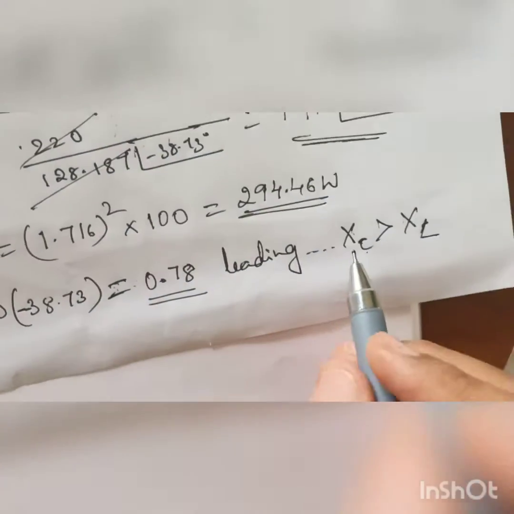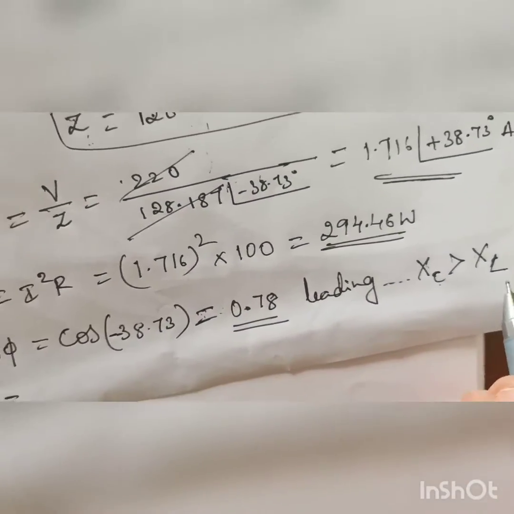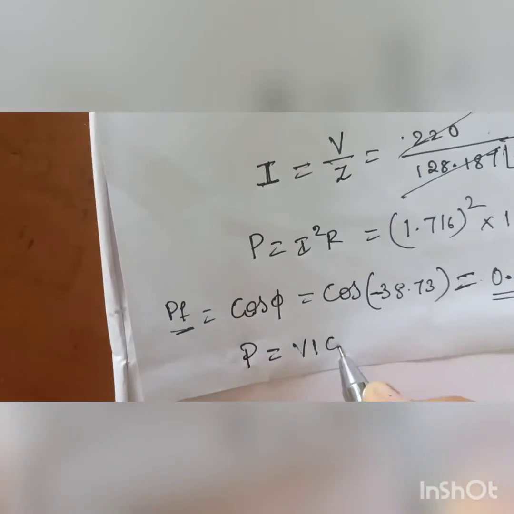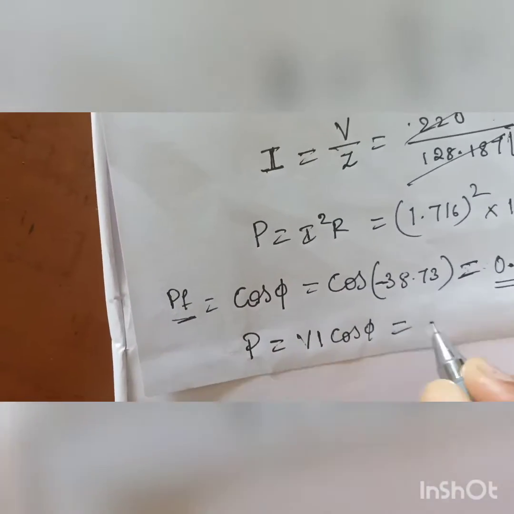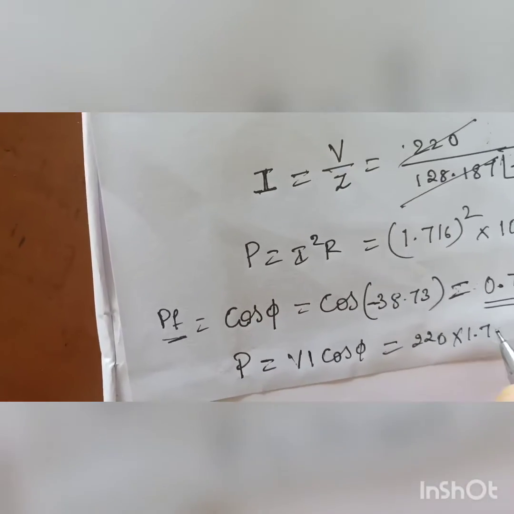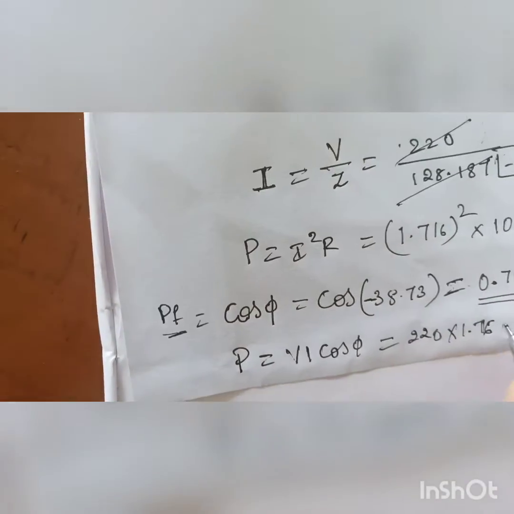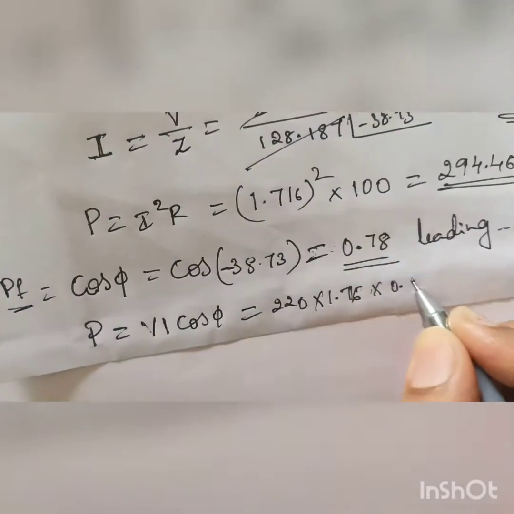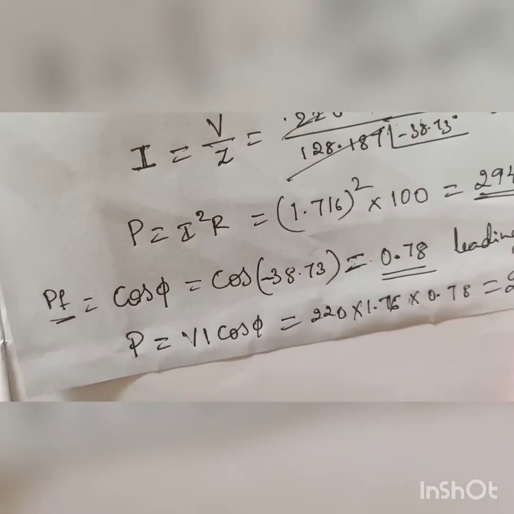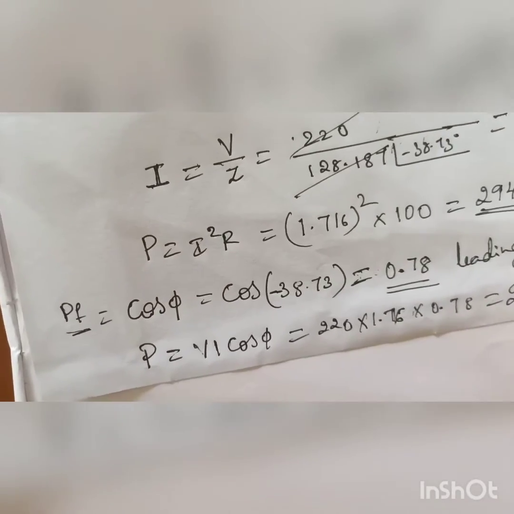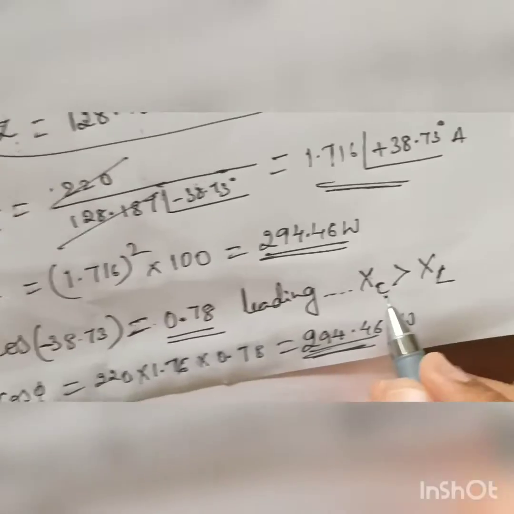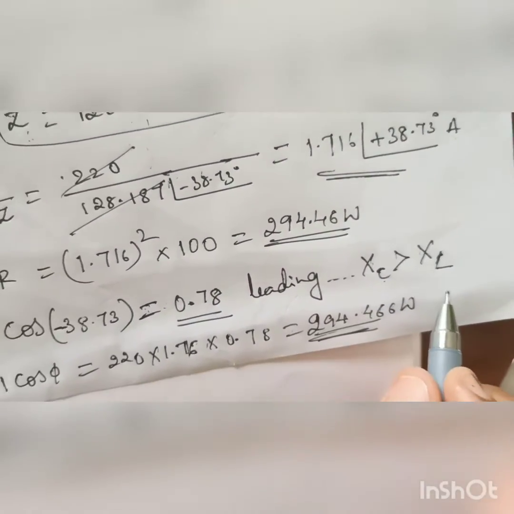Since the condition is XC is greater than XL, in this condition we have the power equation VI cos phi, that will be equal to 220 into 1.76716 into cos phi, which is 0.78. So that is equal to 294.466 watts. So this will be the value of power when the condition is XC greater than XL.